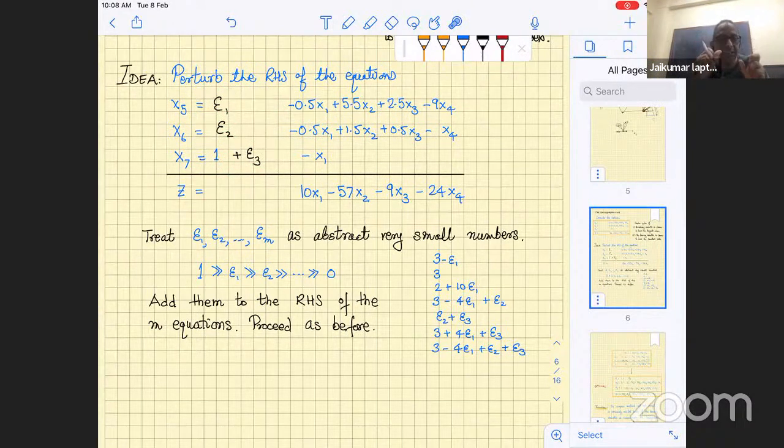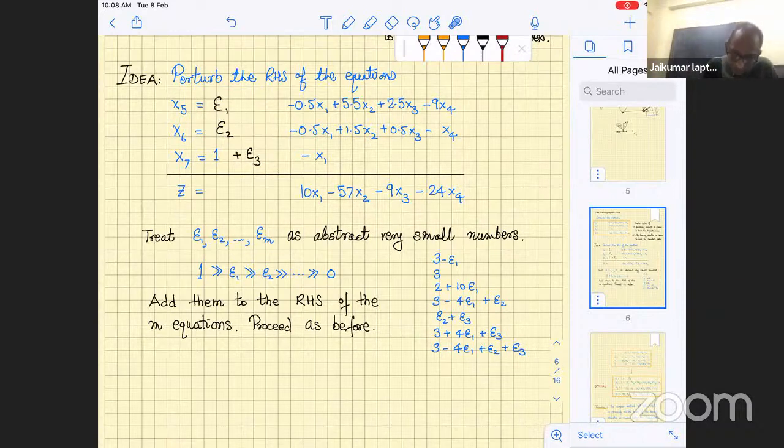We will not substitute a value like epsilon equals 0.0001. We will just imagine it's a small number and derive our algorithm. In the end, there will be no epsilons.